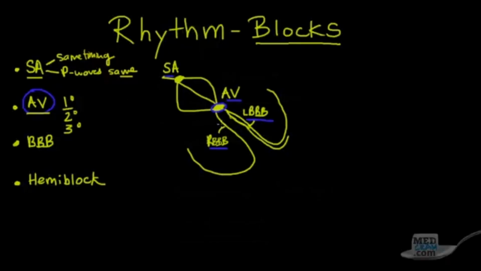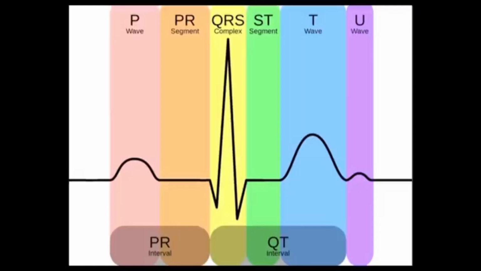Let's go back and take a look at the QRS and the P wave to show you where we're going to see that. When looking at the P, QRS, and T wave complex, what we're looking at specifically here is the PR interval. That is from the very beginning of the P wave until the very beginning of the QRS complex, and it is this distance here that we are looking at. For there to be a first degree AV block, there has to be an elongated PR interval.